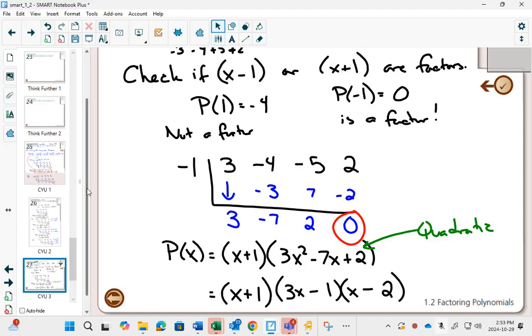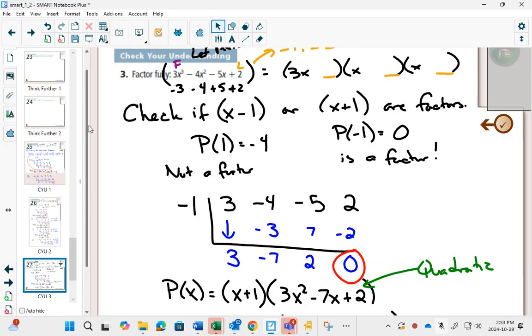This one started with an x cubed. Does it make sense that as soon as you took something out, you're going to be left with an x squared? You are going to get ones that start with an x to the 4. And if you factor one thing out, what's going to be left? An x cubed. And you're going to have to do this process again. Find another one that works. Sometimes the same one works twice.